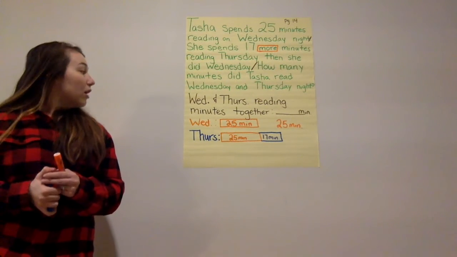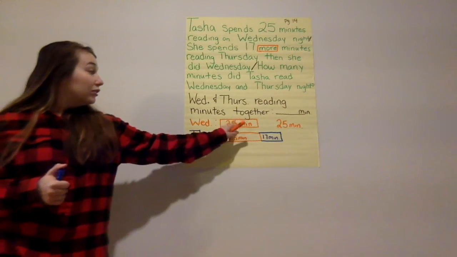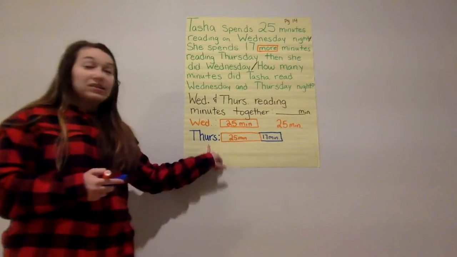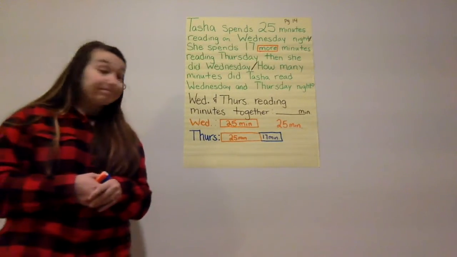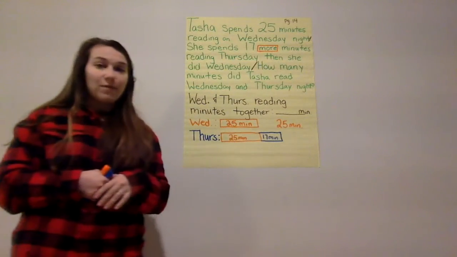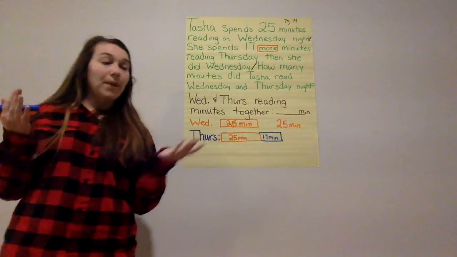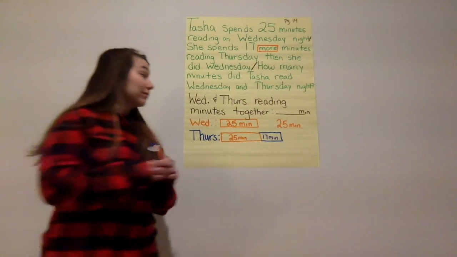All right, so we know that on Wednesday, she read 25 minutes. But on Thursday, do we know how much she read? We know she read 25 minutes and another 17 minutes. But is there a way we can figure out what she read in total?